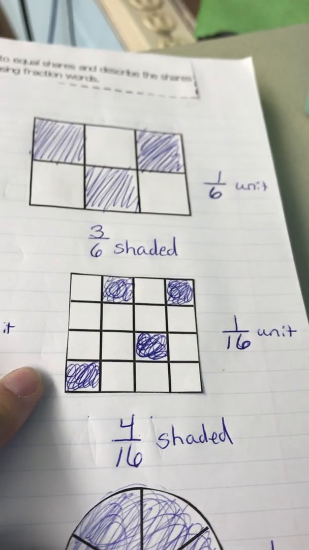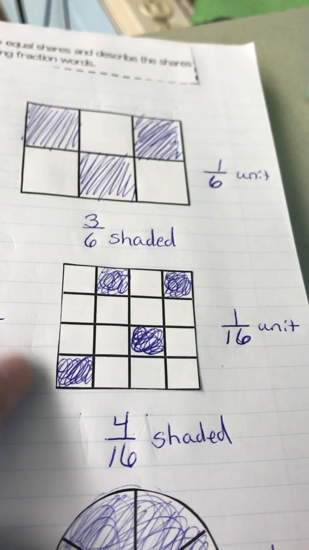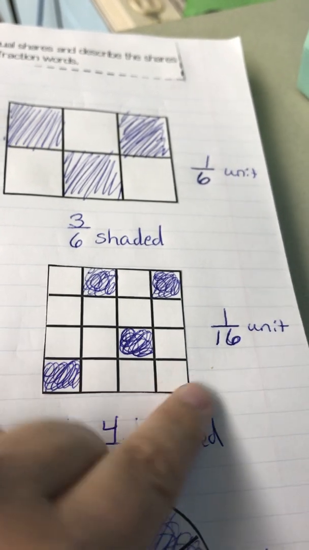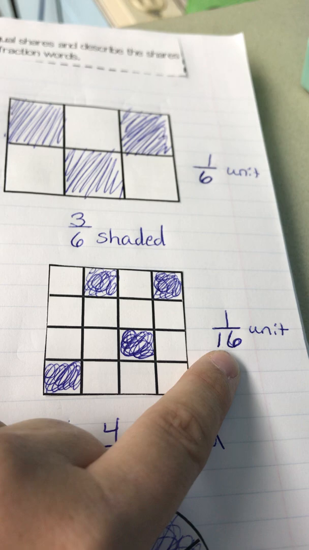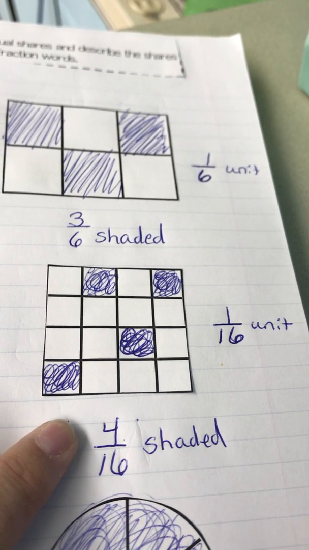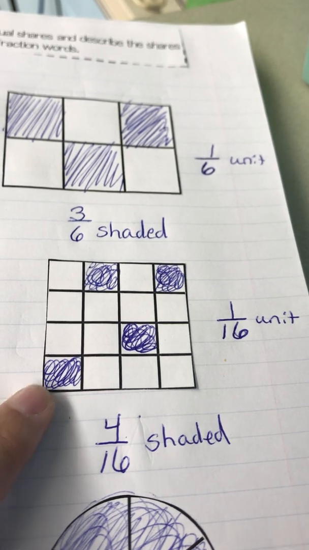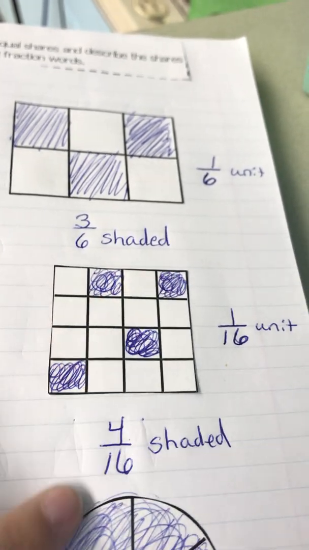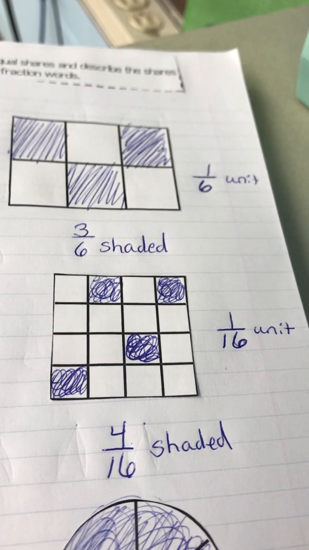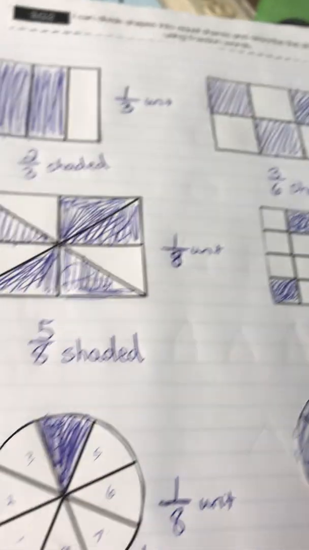They divided this square into 16 equal parts. So my unit fraction would be 1/16. I shaded 4 of the unit fractions, so my shaded part would be 1, 2, 3, 4 out of a total of 16, 4/16.